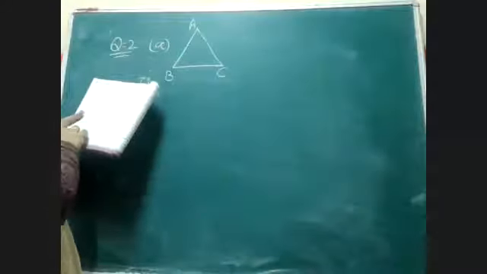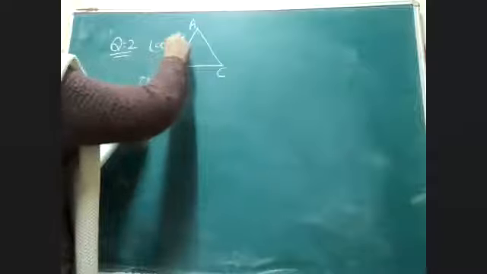Part A. Now we have a triangle ABC. The length of this side is 3.6 centimeters.